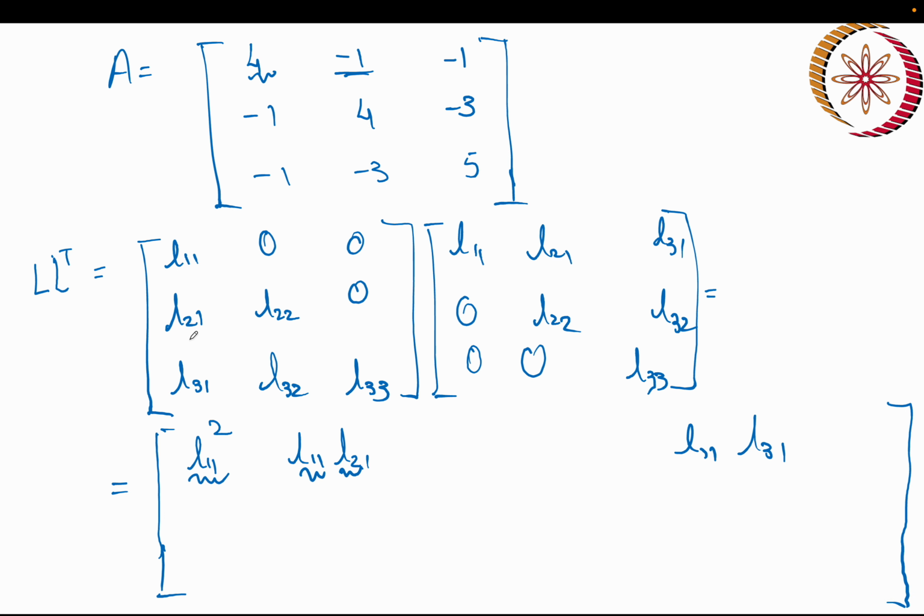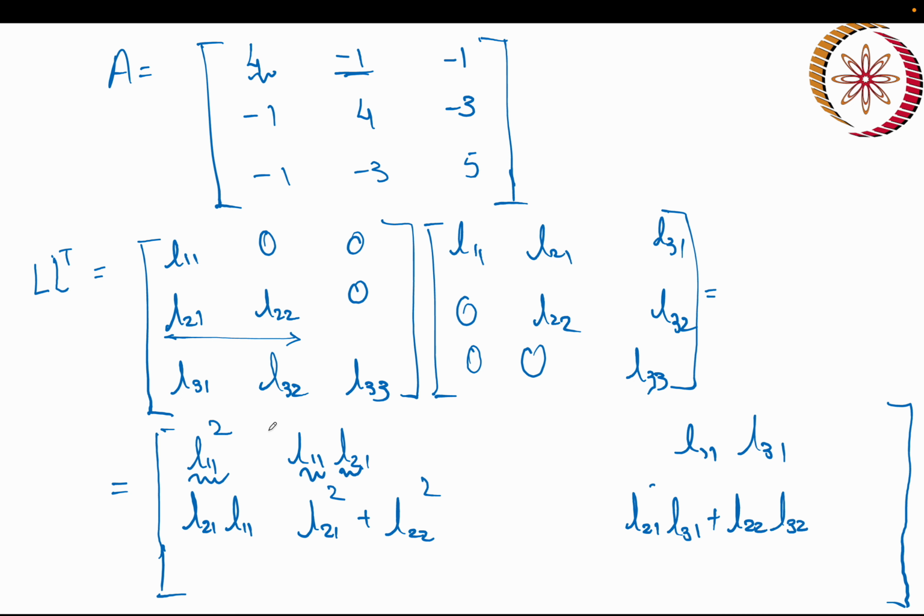Then the next will be L21 L11. Multiplying this, it will be L21 square plus L22 square, and the last will be L21 L31 plus L22 L32. That's all.